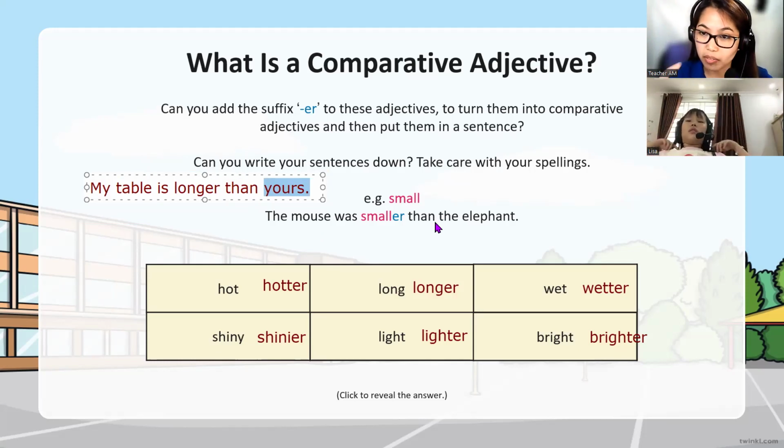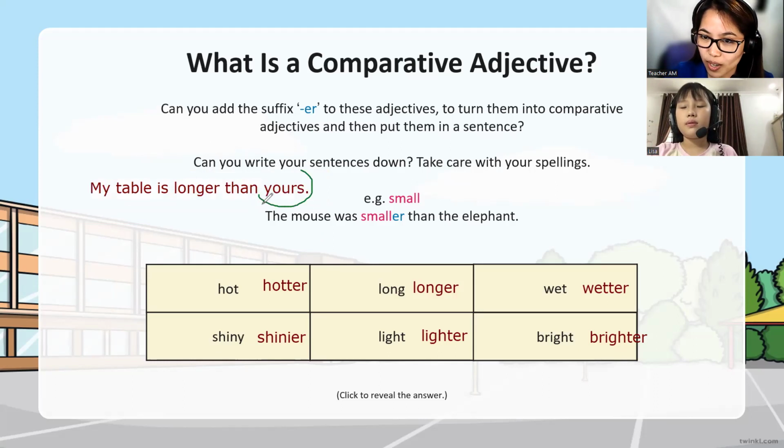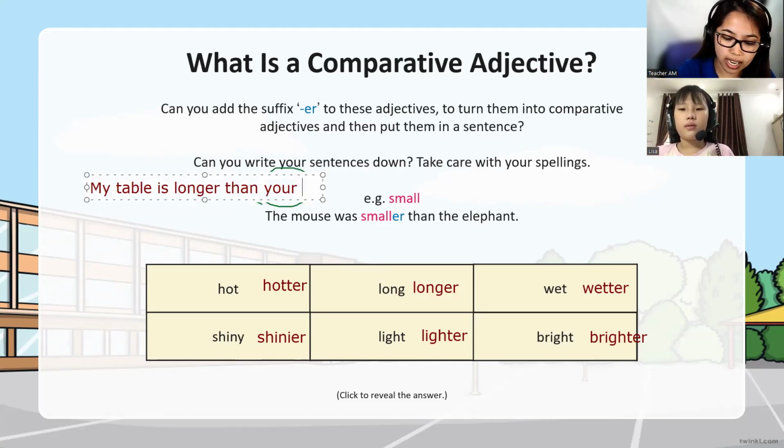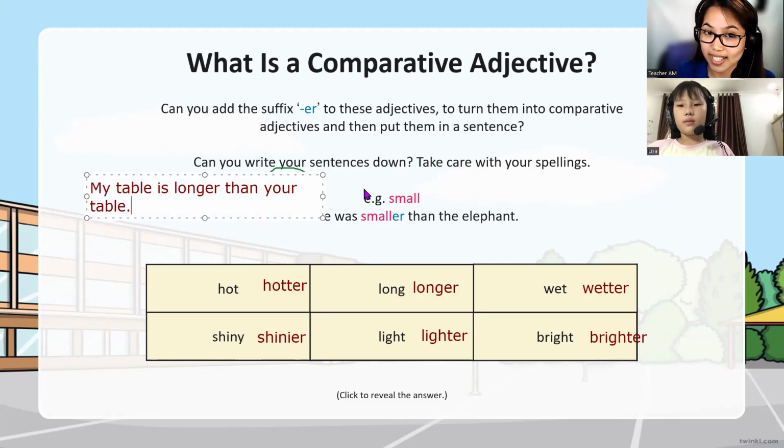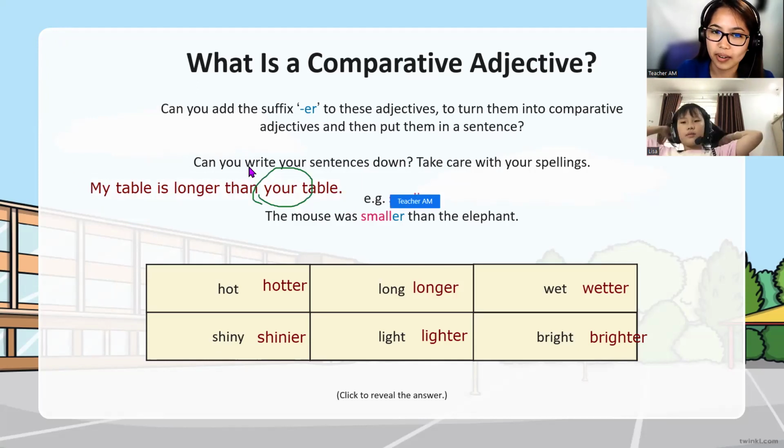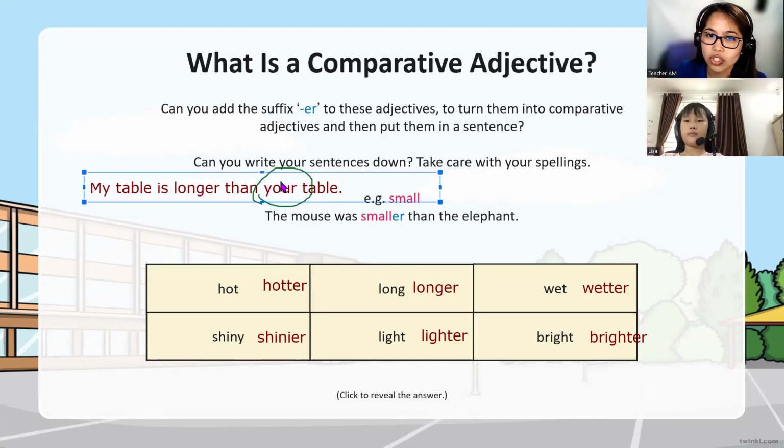But if you are comparing two tables, your table and my table, we say my table is longer than yours. Instead of saying your table, we say yours. All right? Yes. Very good.